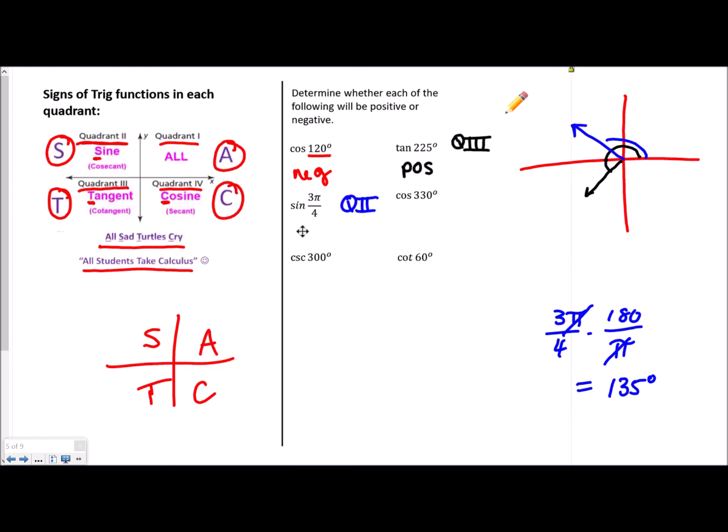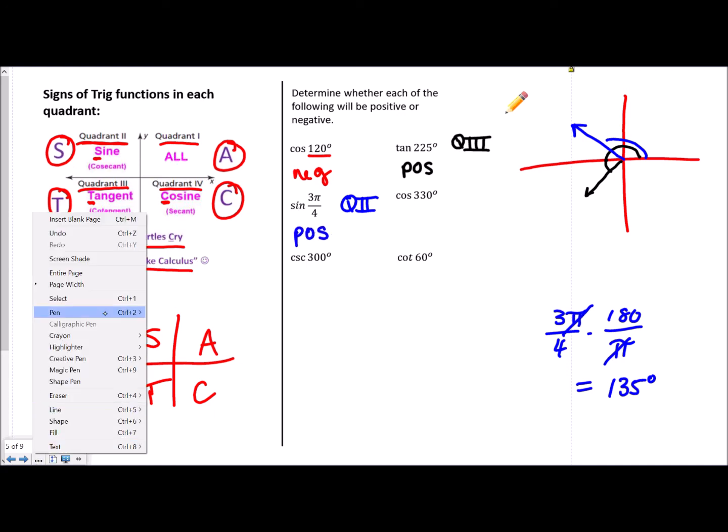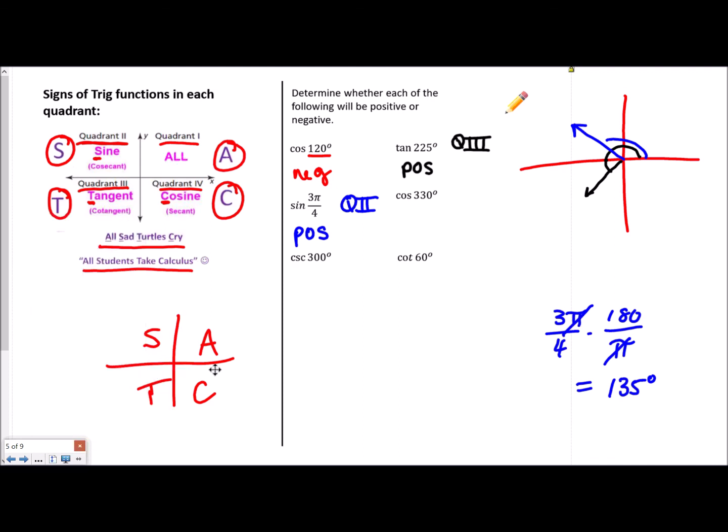And in quadrant 2, sine is positive. Okay, next one, 330. We're going along 90, 180, 270. About right there is 330. Looks like that's in quadrant 4. And in quadrant 4, C is in charge. He's positive. So the cosine is going to be positive.